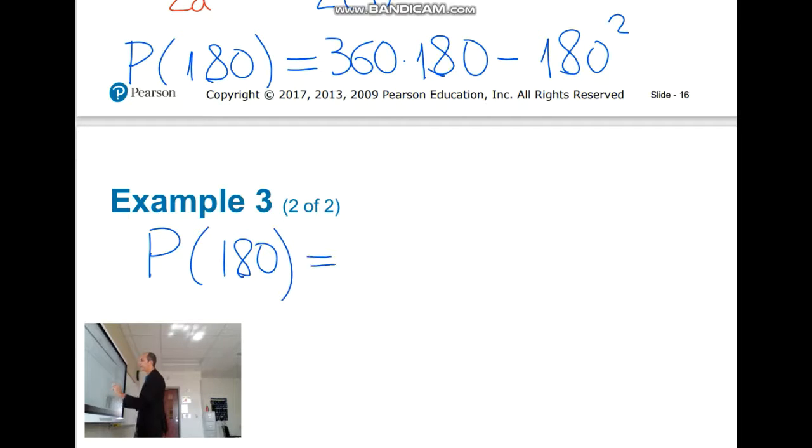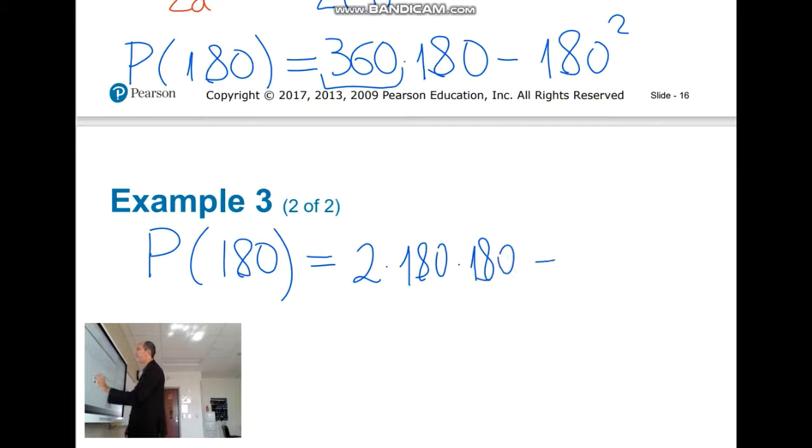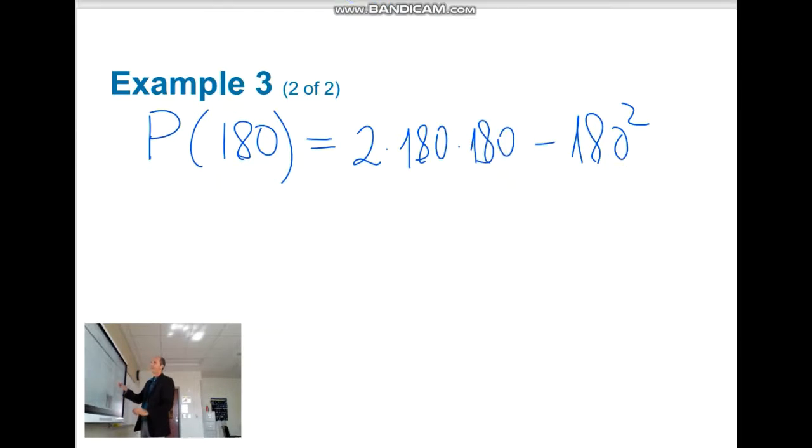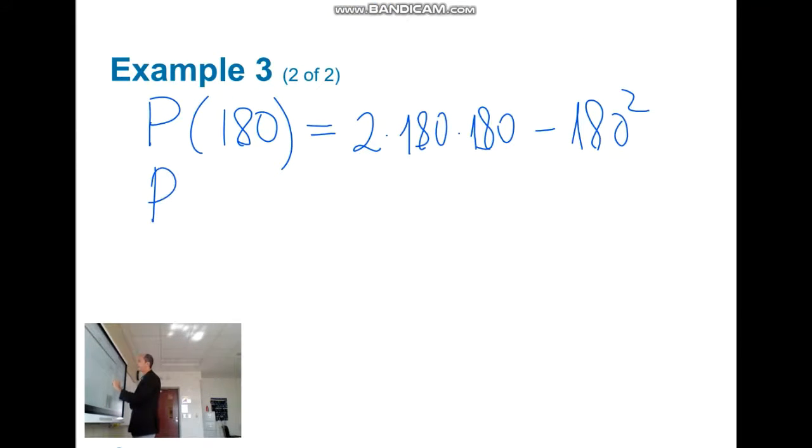But let's do something different here. Let's factor this out, because 360 is 2 times 180. So it's 2 times 180 times 180 minus 180 squared. See? I'm just avoiding using my calculator here.